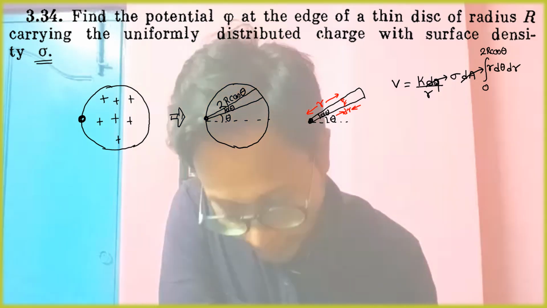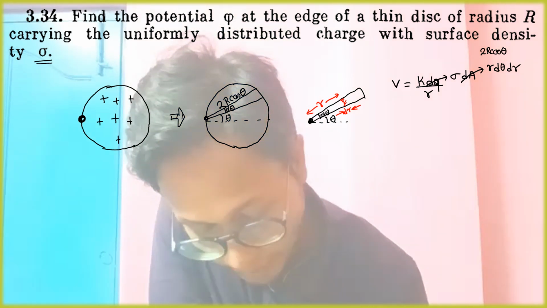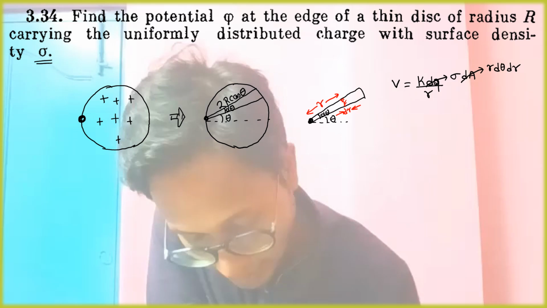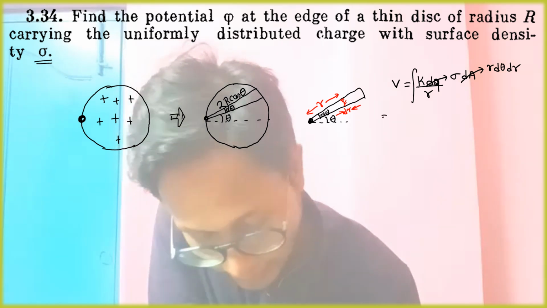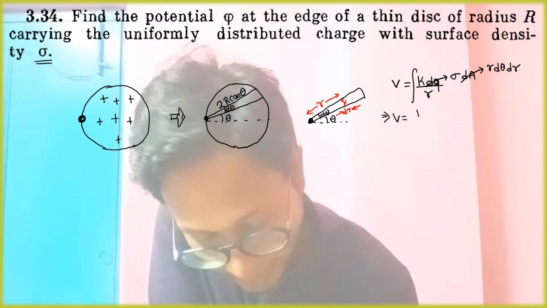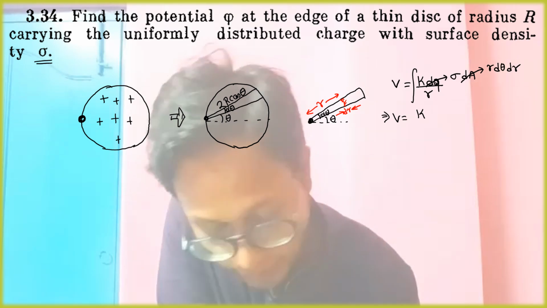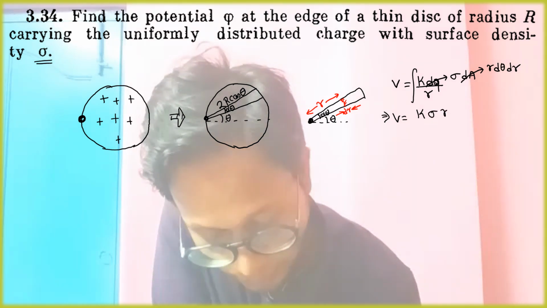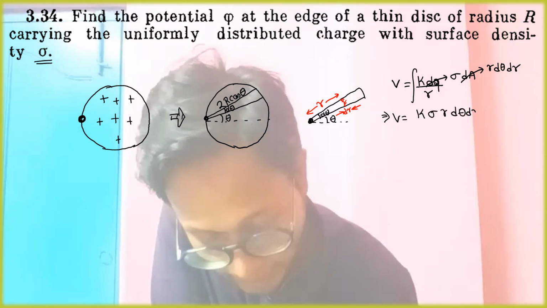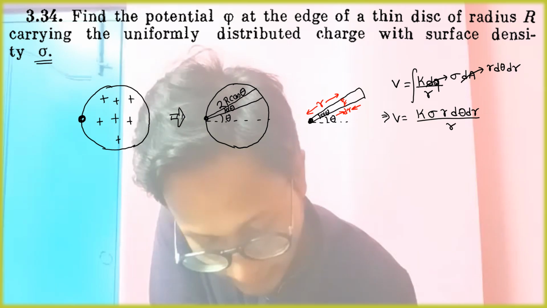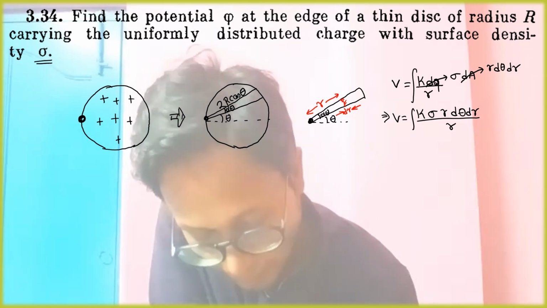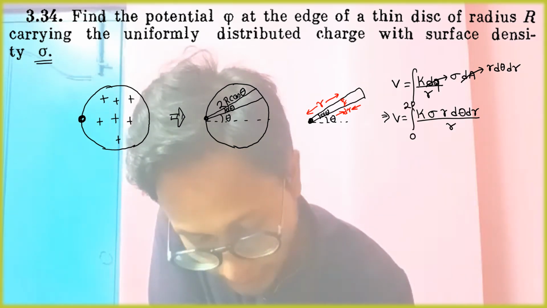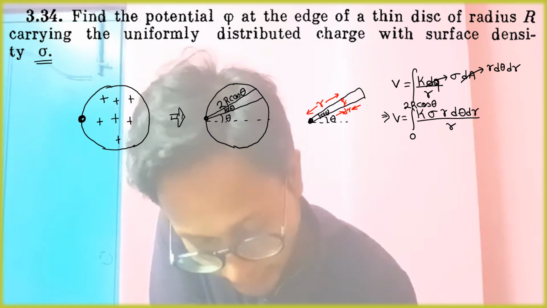Understood? So instead of applying the integral out here, I'll just apply the integral out here. Okay, or v is equals to k, which is equals to 1 by 4 pi epsilon naught into sigma into r d theta dr by r, from 0 to 2r cos theta, isn't it?